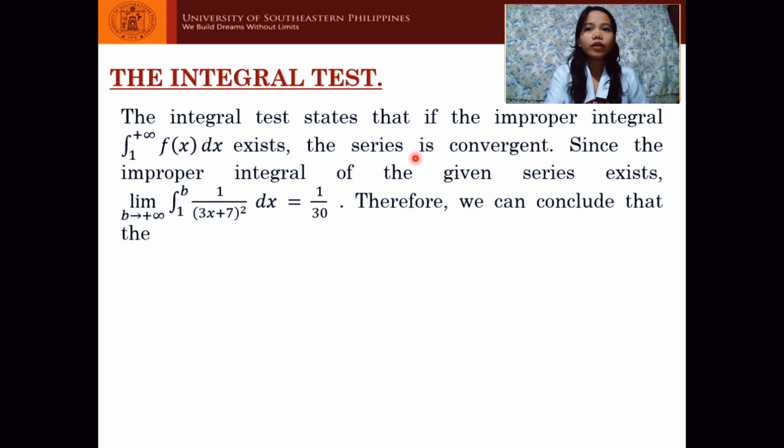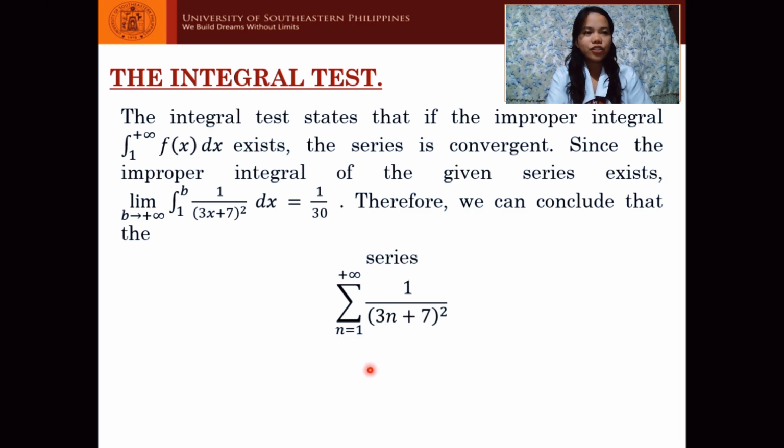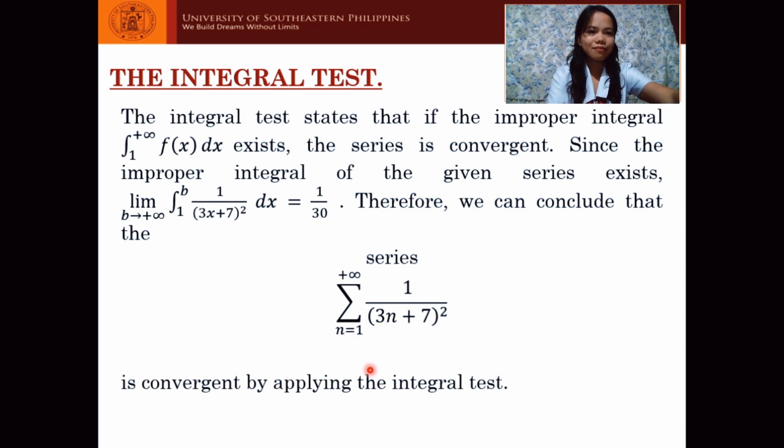So since the improper integral, which is the limit as b approaches positive infinity of the integral of 1 over the quantity 3x plus 7 squared from 1 to b dx, equals 1/30, we can conclude that the series, the summation of 1 over the quantity 3n plus 7 squared from 1 to positive infinity, is convergent by applying the integral test.